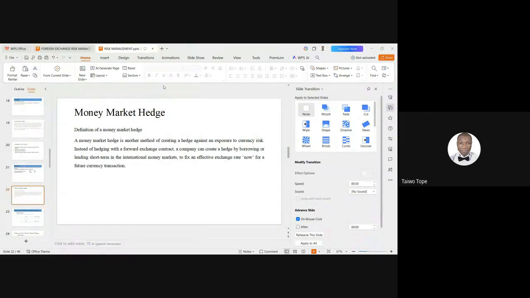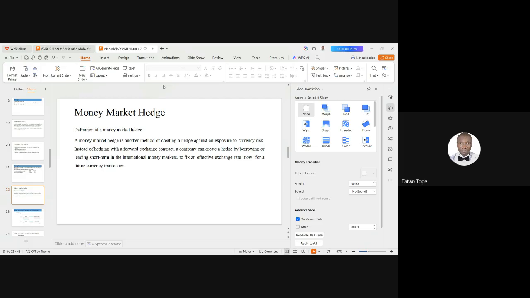So when we talk about money market hedge, it is a technique that is used to lock in the value of a foreign currency transaction. You lock in the value of a foreign currency transaction in a company's domestic currency.